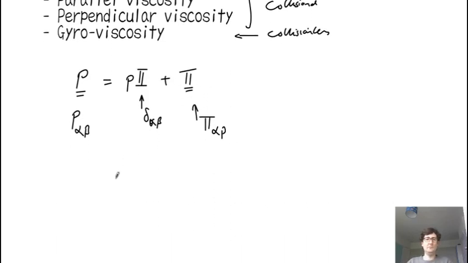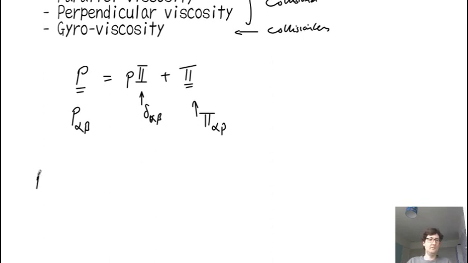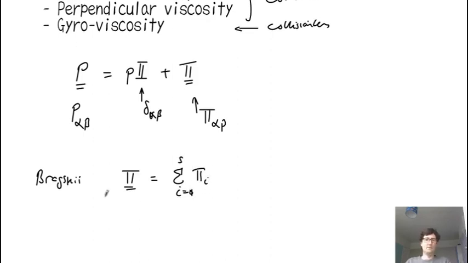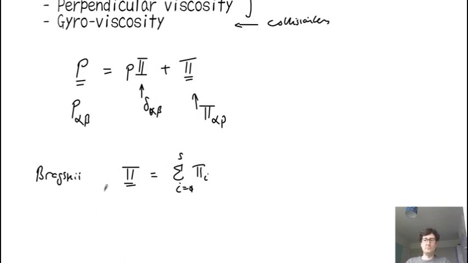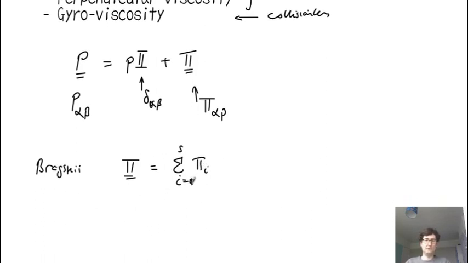And in general for collisional plasmas, so the Braginskii model, for example, you split this stress tensor into 5 components. So it's the sum over these pi i components, where i goes from 0 to 4.